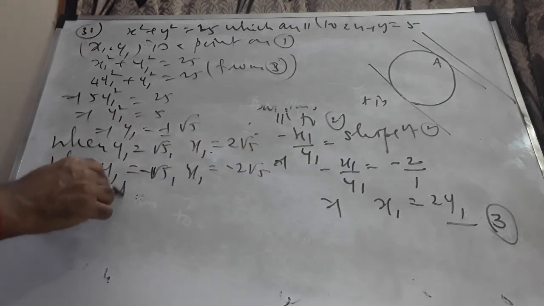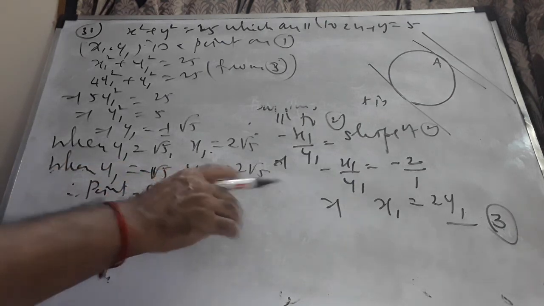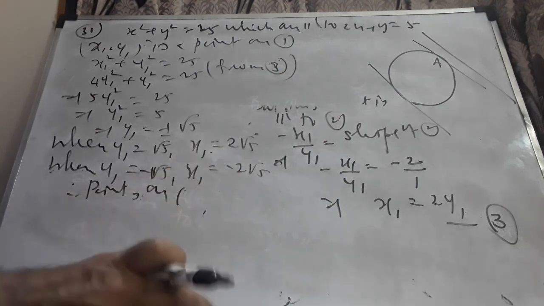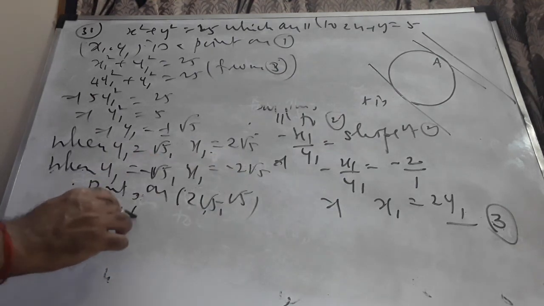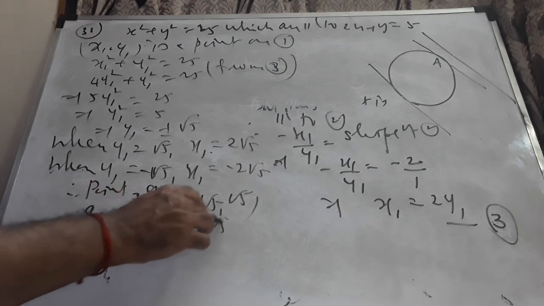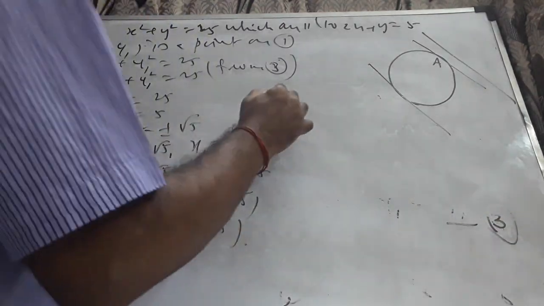Therefore, I get two such points, namely 2 root 5 comma root 5, and of course minus 2 root 5 comma minus root 5. Therefore, I should write the equation of tangents now.